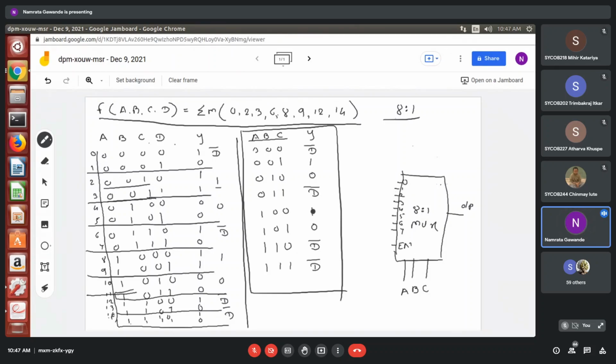Now, how can you make the connections? See here, 1 means it should be the combination where you will get the output as 1. Those inputs you can connect to logic 1. So 001 means which input do we need to consider? D1, right? So I will make a connection to logic 1. After that, 4 should also be connected to 1.